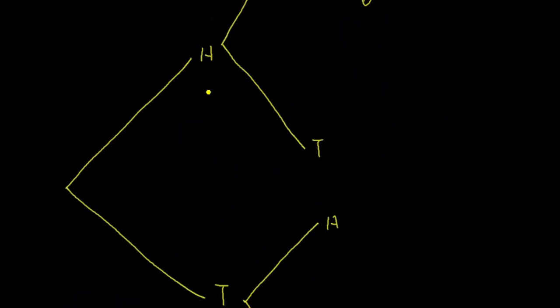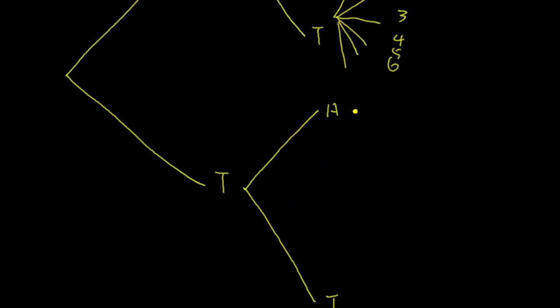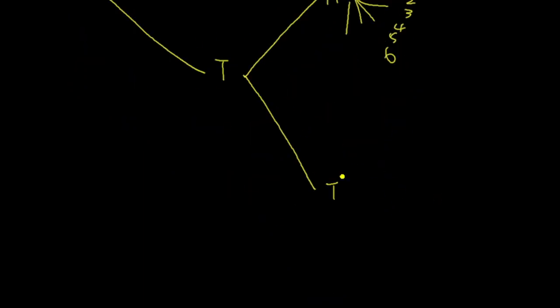Then head tail, and 6 possible outcomes: 1, 2, 3, 4, 5, 6. Then tail head, and 6 possible outcomes: 1, 2, 3, 4, 5, 6. And then tail tail, and 6 possible outcomes: 1, 2, 3, 4, 5, 6.